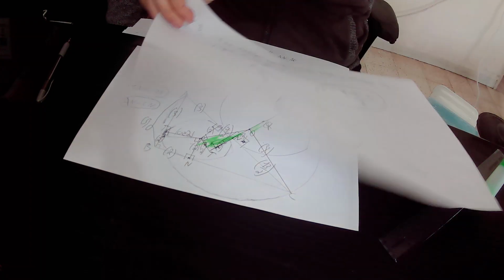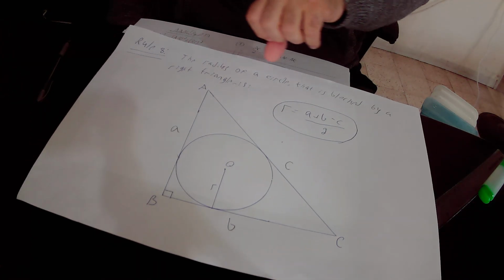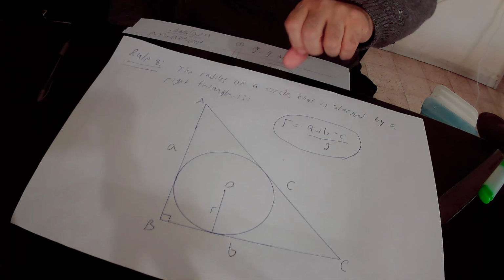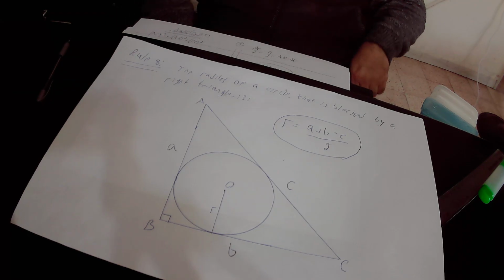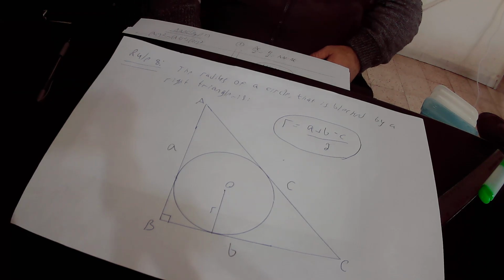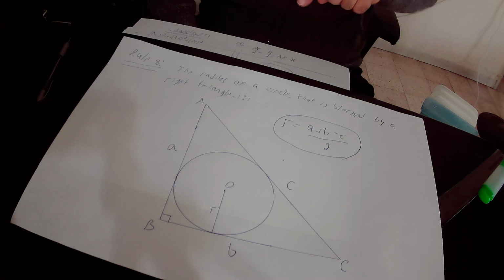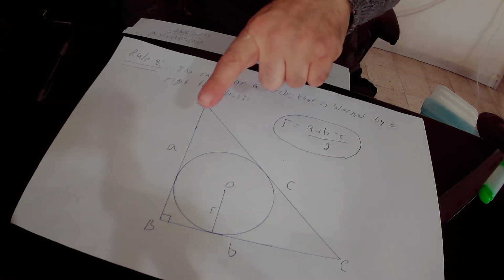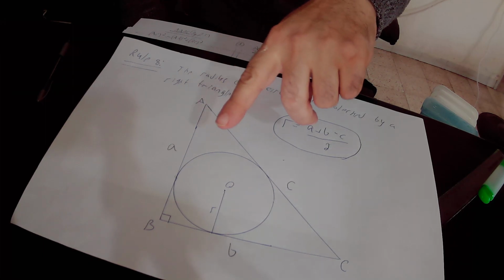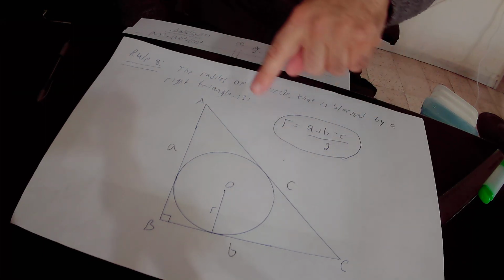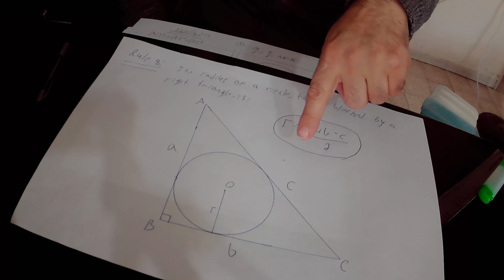According to rule number 8, the radius of a circle that is blocked by a right triangle is equal to R equals A plus B minus C over 2. So here, in the right triangle ABC, the length of AB is A, the length of side BC is B, and side AC is C units in length.